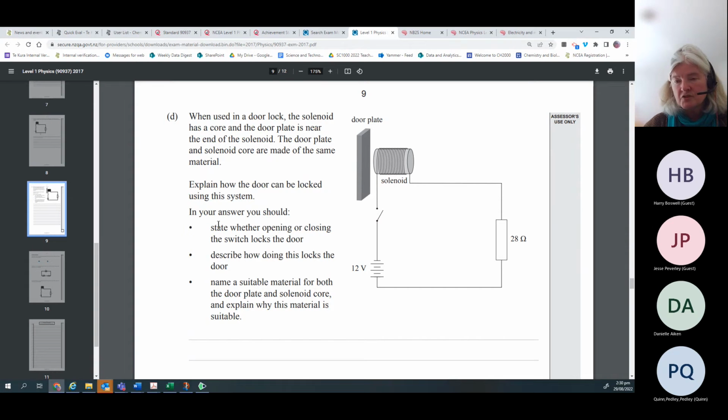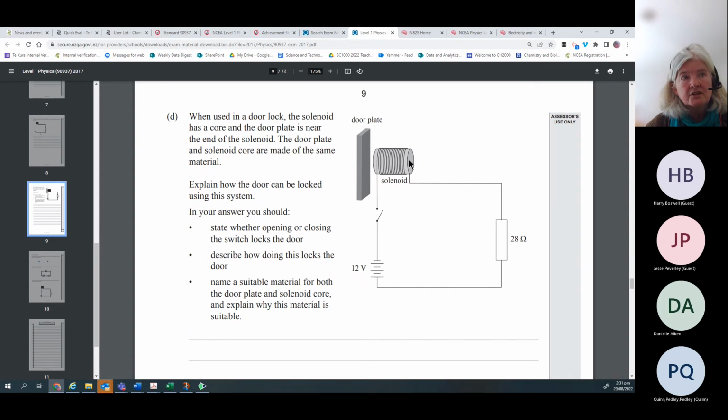So you must tick off these bullet points as you answer them. Describe how doing this locks the door. The switch must be closed to let current flow, to close the circuit. And this will magnetize the solenoid and cause a magnetic field.